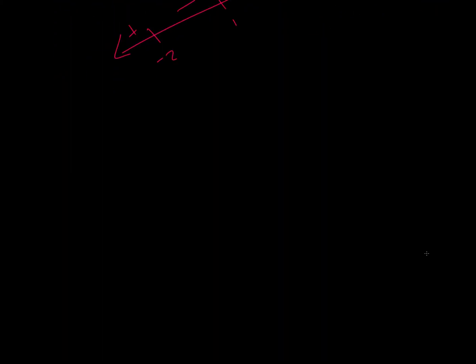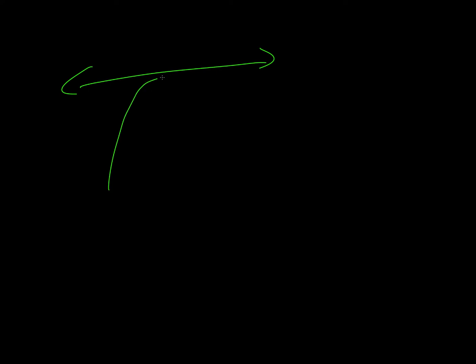And then the last scenario is where we just kind of touch the x-axis. So let's say we have that. Let's say that's at -1. Then the sign diagram is going to look like this.